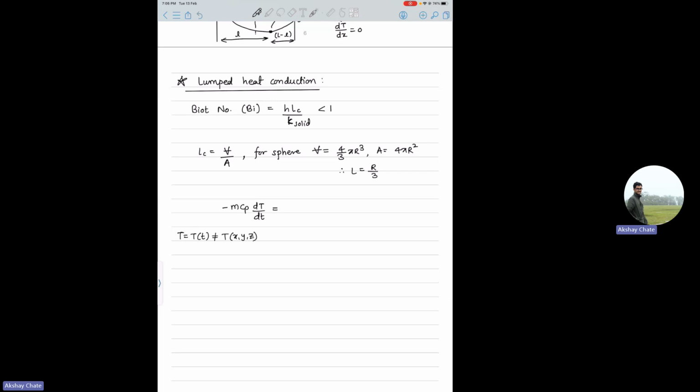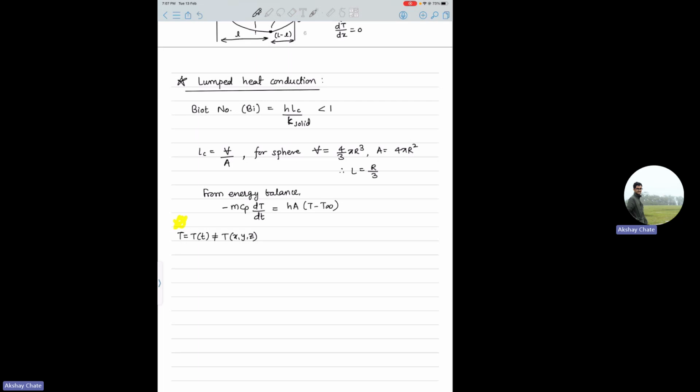It's not a spatial function, it's only a time-dependent temperature variation problem. And you equate it to hA (T minus T infinity). This comes from the energy balance.